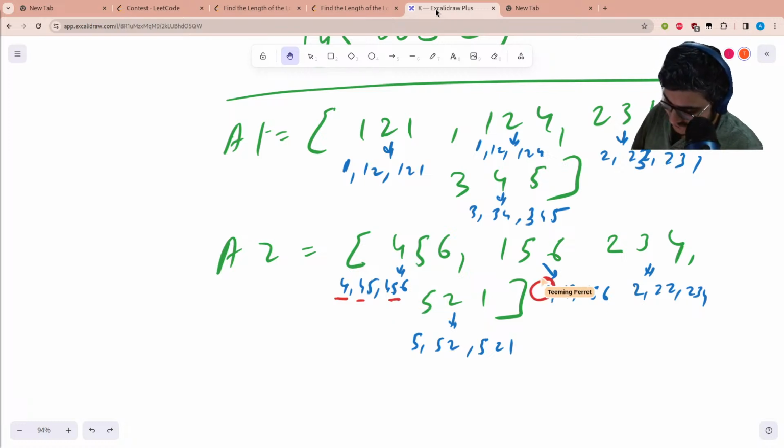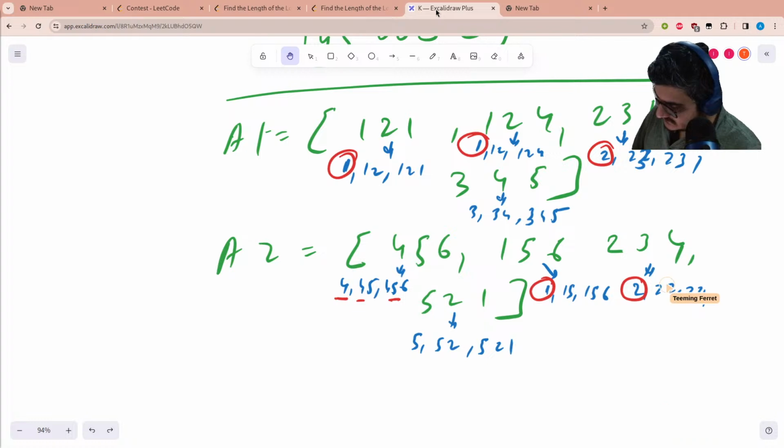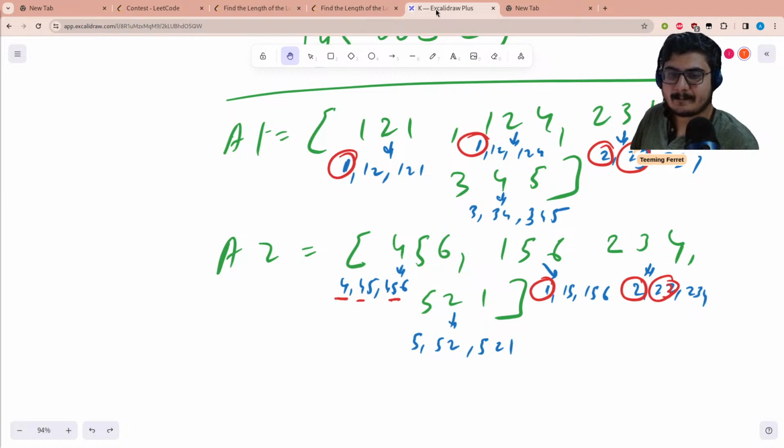While 1 appears here as well, multiple times. 15 does not appear in any of the arrays. 156 also does not appear anywhere. 2 appears here. Then 23, 23 also appears over here. 234 does not appear here. Then 5 does not appear. 52 does not appear. 521 does not appear.